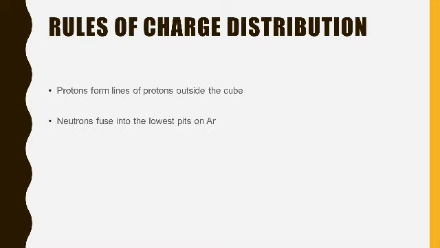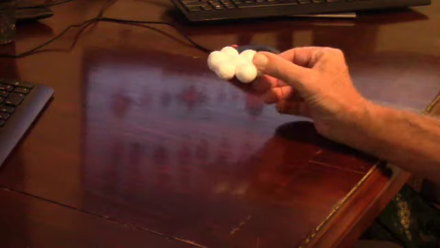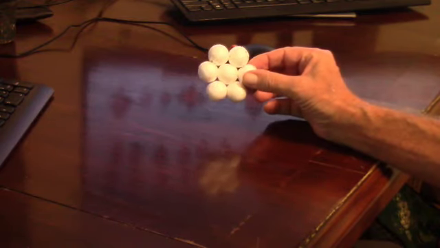Now I'm going to be switching over to the styrofoam spheres. So I could have used hexagonal close pack for these nuclei at the center, but I decided to use a cube.